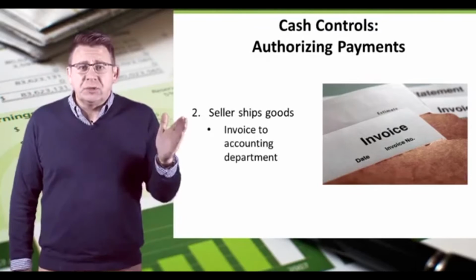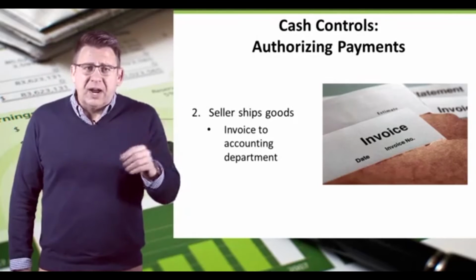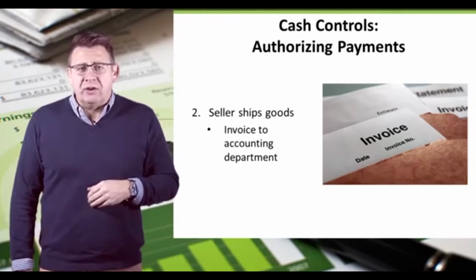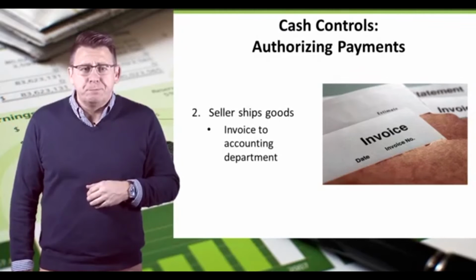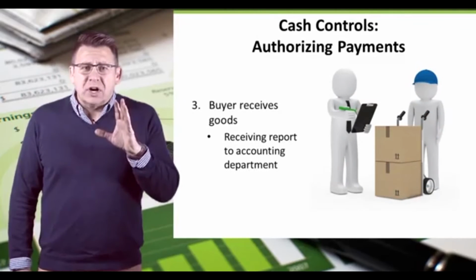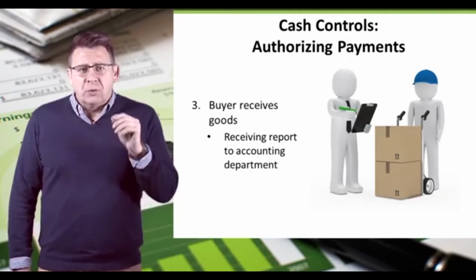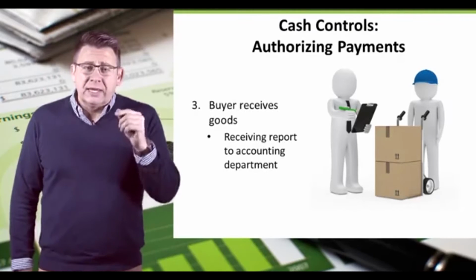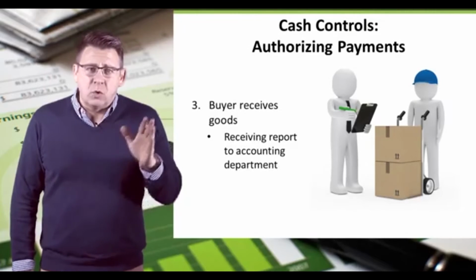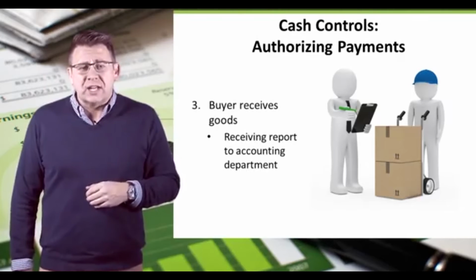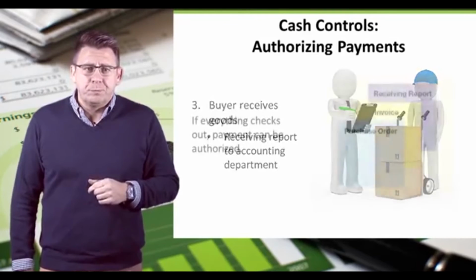The seller then ships goods to the buyer and sends an invoice to the accounting department of the buying company. Once the items are received by the buyer, a receiving report is prepared detailing the items received and quantities. This report is also sent to the accounting department.